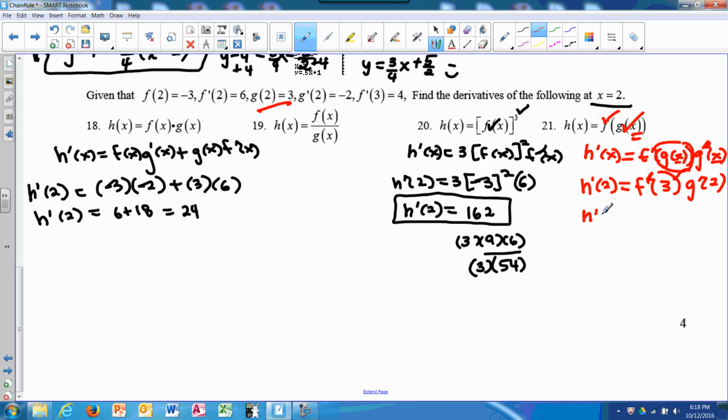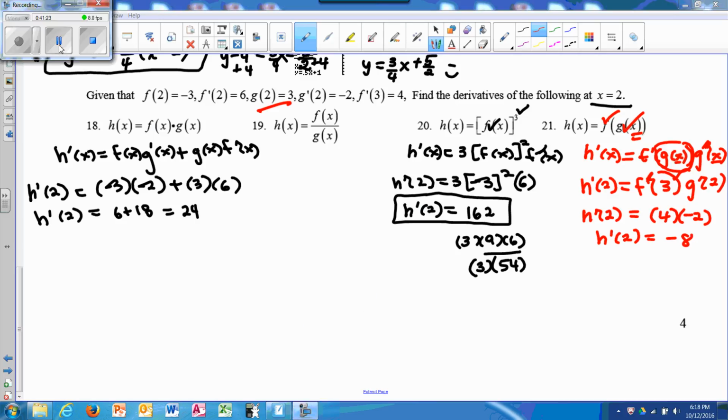At x equals 2, we have to be a little bit more careful here. F prime is evaluated at g of 2. G of 2 is 3. G prime is being evaluated at 2. So x is 2, not the inside part.